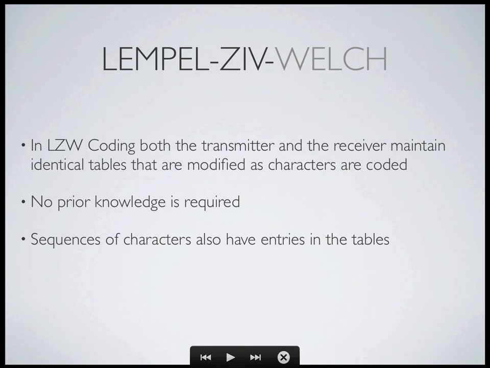This is useful because the transmitter and the receiver build the tables as they go. When the receiver gets a new symbol, it adds it to the table, but it knows what the transmitter is doing, so it builds it up as it goes along. So you don't need to actually send the table. Okay? And then sequences of characters have entries in the tables as well.